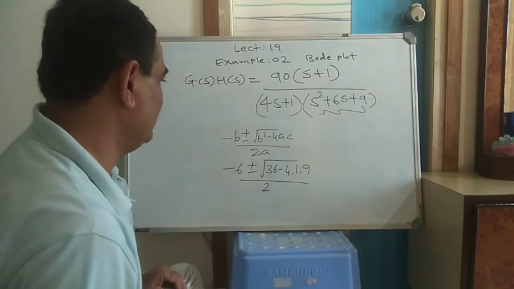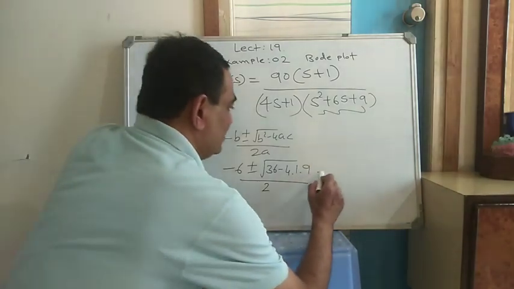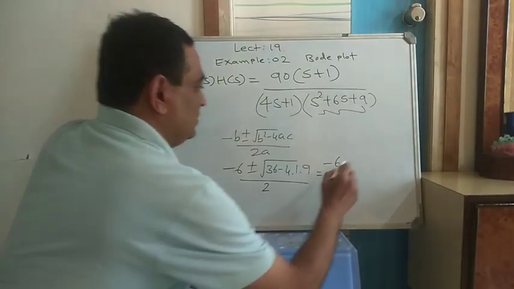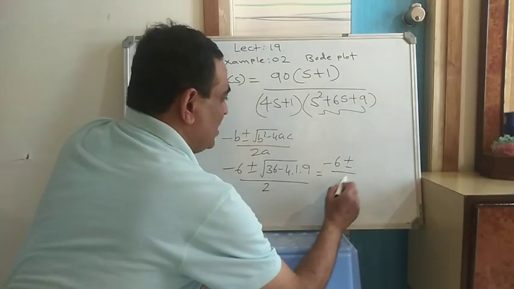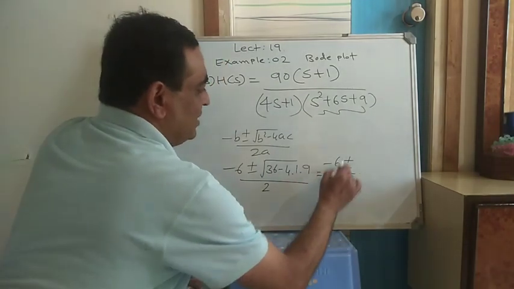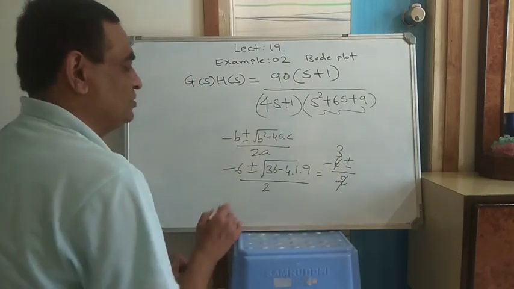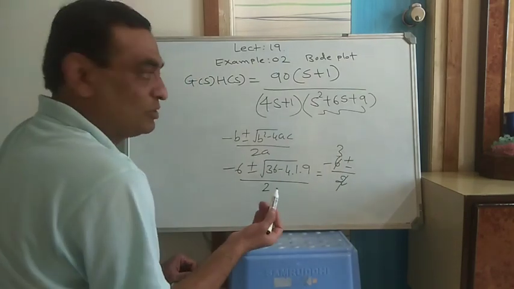So this is minus 6 plus minus 36 minus 36, which is 0, by 2, so minus 3. One root is minus 3, another root is also minus 3.